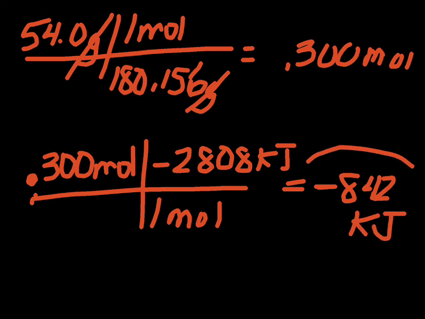That's how much burning 0.300 moles of glucose would produce, which makes sense. It's far less than the 2808. This is how you would calculate your energy released in a reaction. Of course, you'd have to know that value in advance, and we can find that in a table, or it may be given to us. When you come back, we'll be doing some practice problems, so be ready for that.